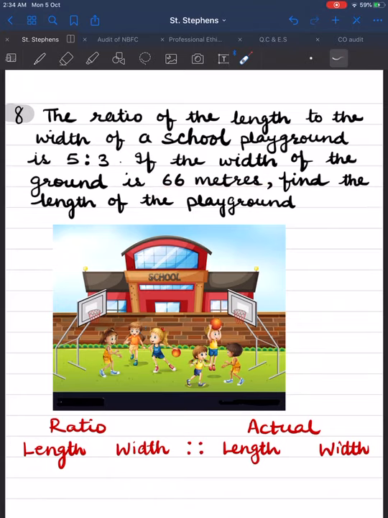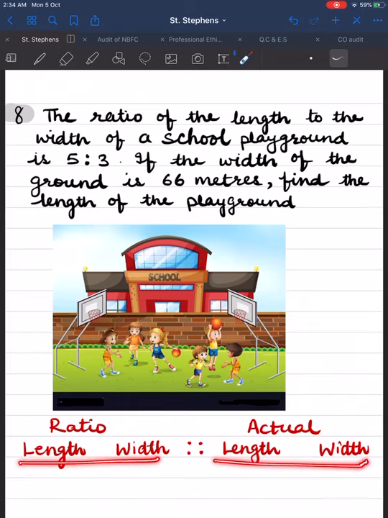Now here we are given the ratio of length to width as 5:3, and we have to find out actual length of the playground. If actual width is 66 meters, and children, the order of ratio on both sides of proportion should be same. So it is length is to width.